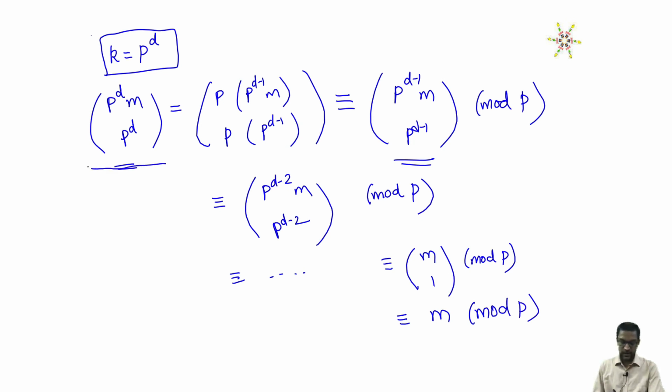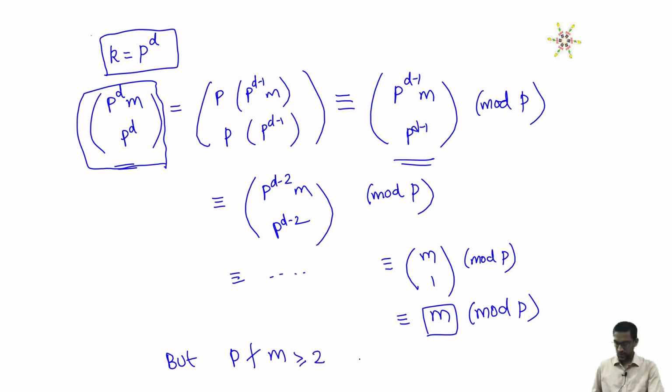Okay, so what have we proved? p to the d m choose p to the d is congruent to m mod p, and m, remember, was a number that's not divisible by p. That was our assumption. So let's say m here is a number that's 2 or more. That was our assumption that G was not a p group.